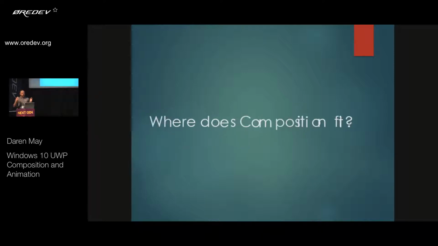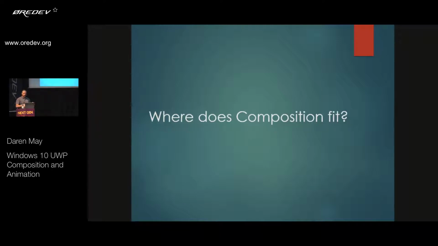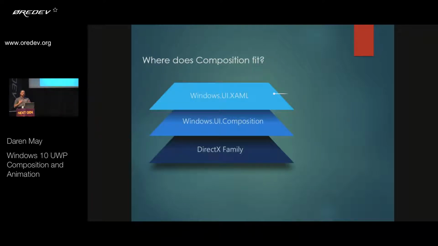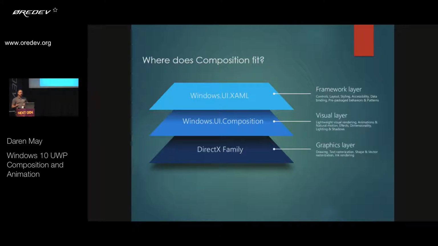So where does composition sit in this visual layer? Well, the idea is that it lies in between your UI framework, which for UWP is XAML, and your underlying graphics APIs, which is DirectX. So most people are familiar with DirectX. It's what's leveraged to build Windows games and Xbox games and so on, and is a high-performance abstraction that sits above your graphics card.